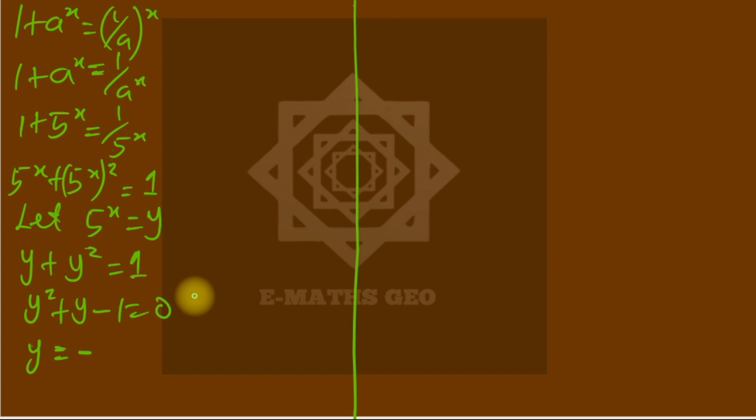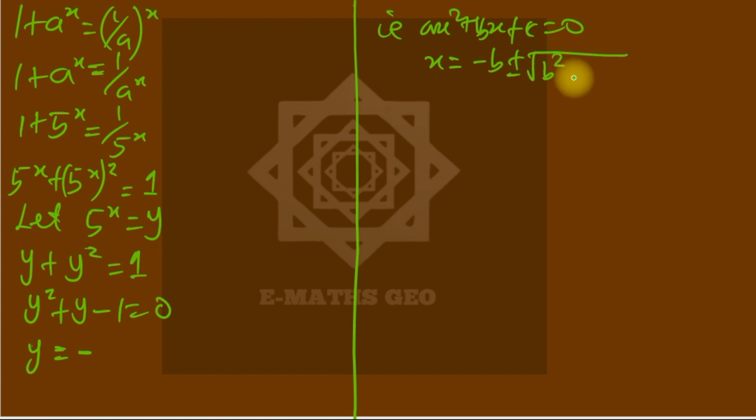Do you remember the quadratic formula? If you have ax squared plus bx plus c equal to 0, to get x is minus b plus or minus root of b squared minus 4ac, over 2a. So that's what we are using here.